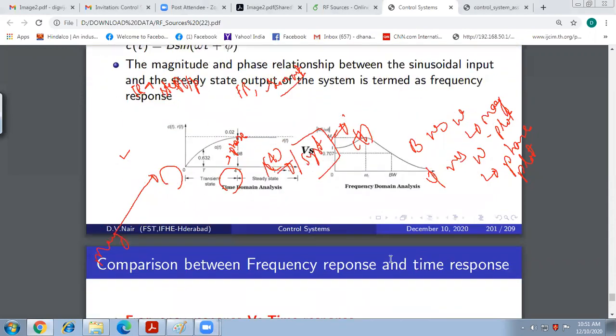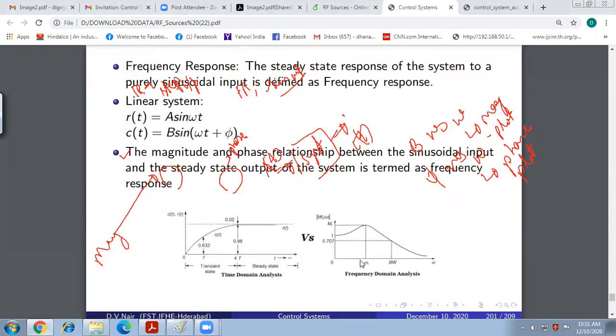And that is what we see here. In the figure on the right hand side, you have a frequency response, showing how the magnitude is changing. Magnitude is close to 1 at frequency omega equal to 0. Can you see this screen, Ben? Yes, sir. The magnitude reaches a value called MR, which we call the resonant peak, at some value of omega r, the resonant frequency.